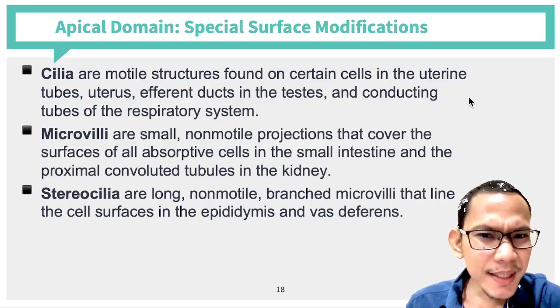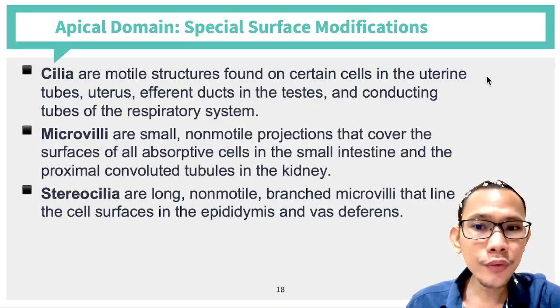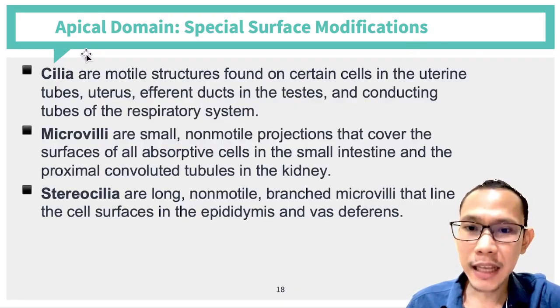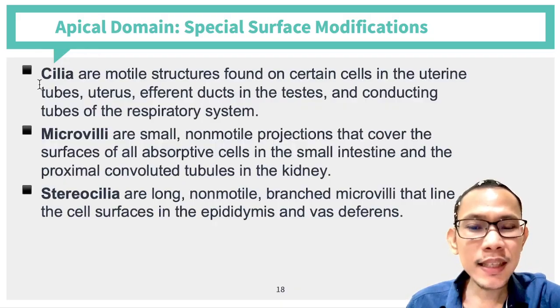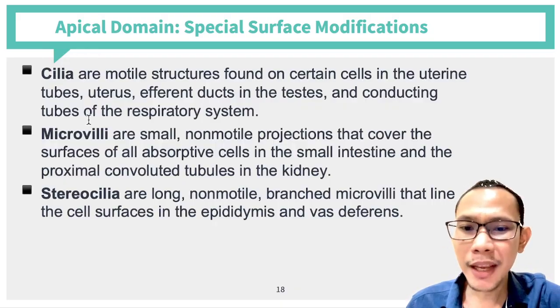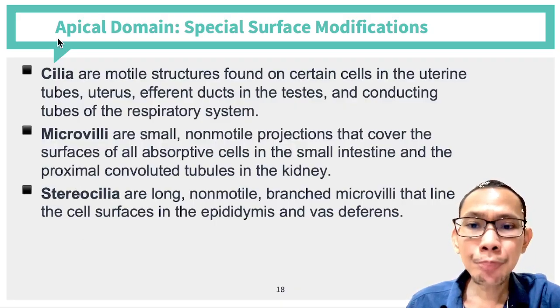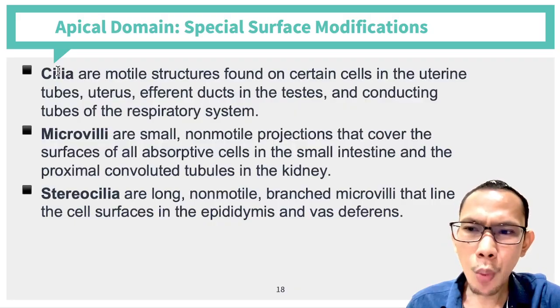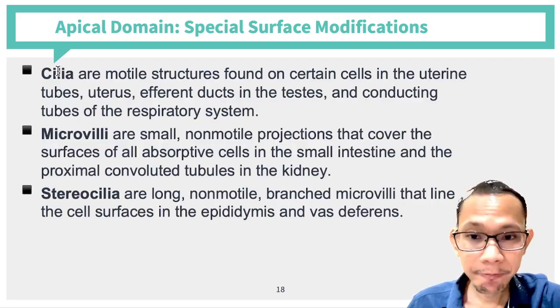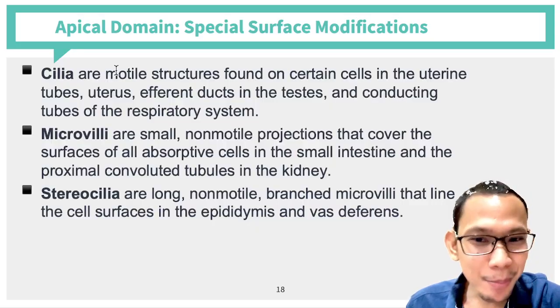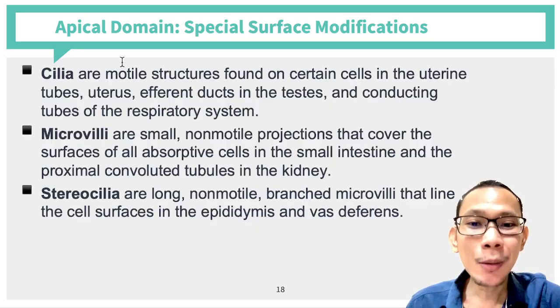Now, why is it that the epithelial tissue of your uterine tubes contains cilia? Again, not all epithelial cells will have cilia. Not all will have microvilli. Not all will have stereocilia. Cilia, because remember, these are highly motile.